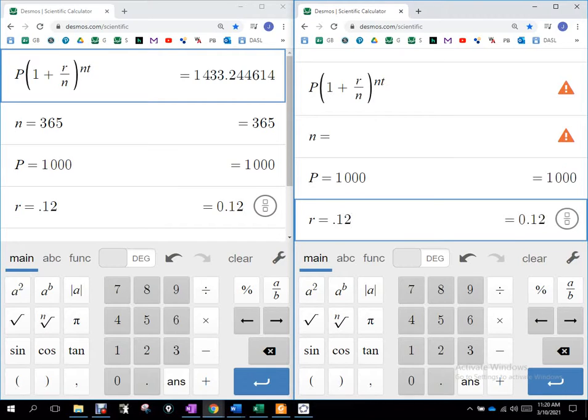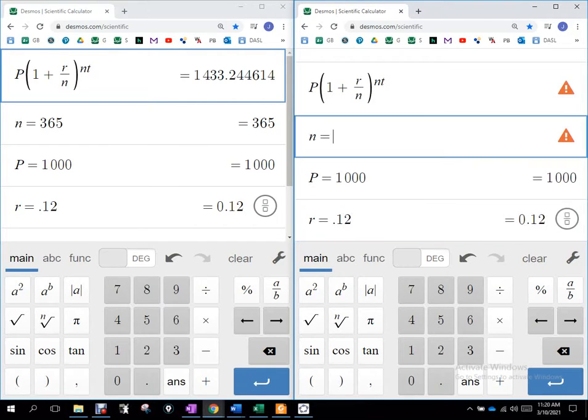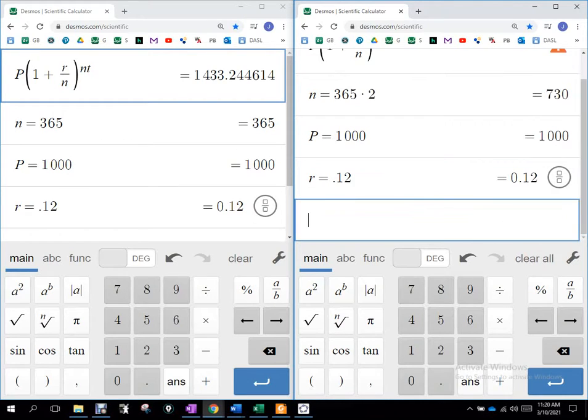All I want to do here is just be able to compare two things. So these are identical things, except for n is going to change here now from 365. So that's compounding it daily. Let's say we compound it twice a day. So n would be 365 times 2. Does that make sense? Oh, I didn't put t in here. T is 3.